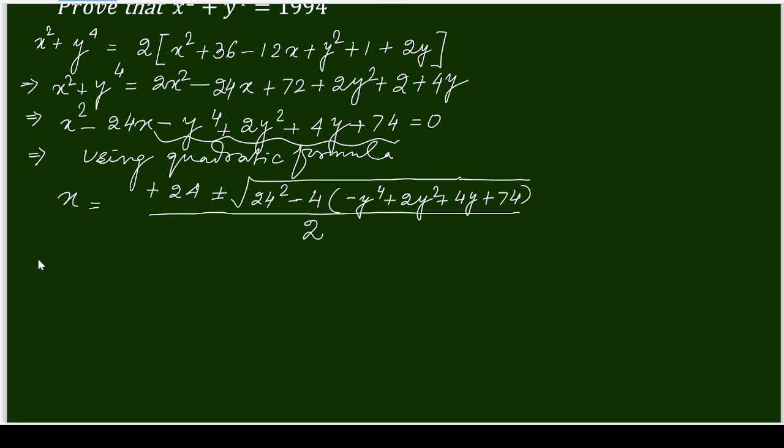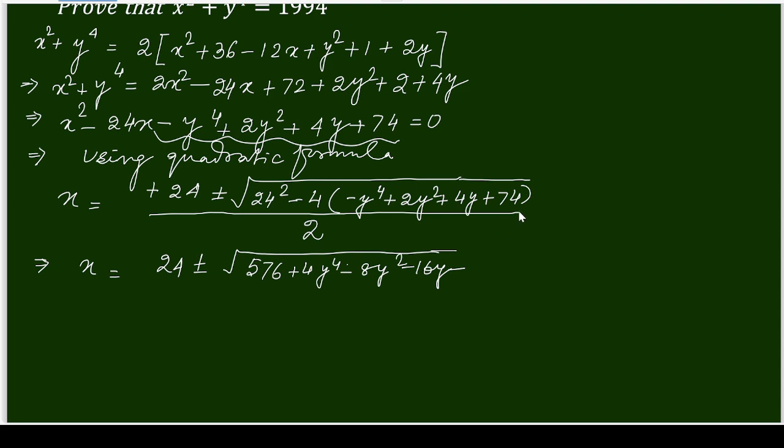So simplifying, x will be 24 plus or minus the square root of 576 plus 4y to the power 4 minus 8y squared minus 16y minus 4 multiplied by 296, over 2. Out of the square root I can take 4 common outside, it becomes 2.